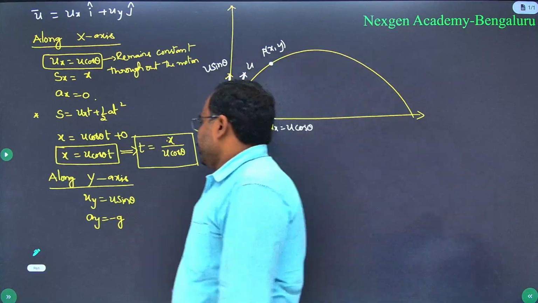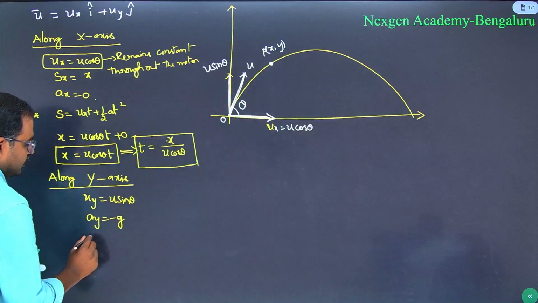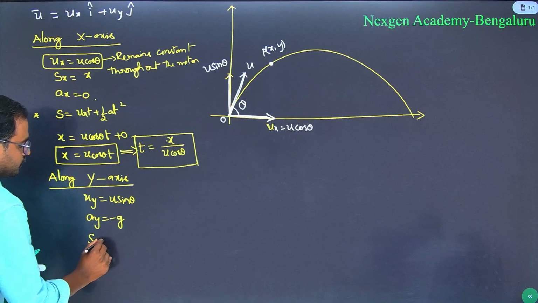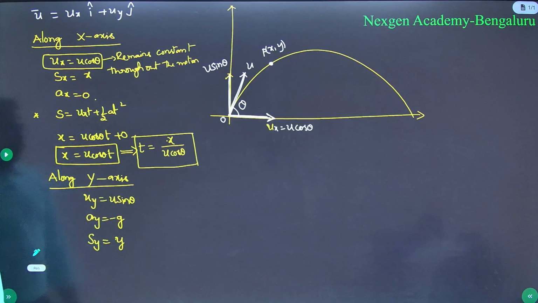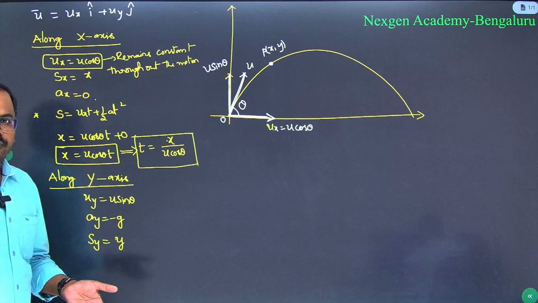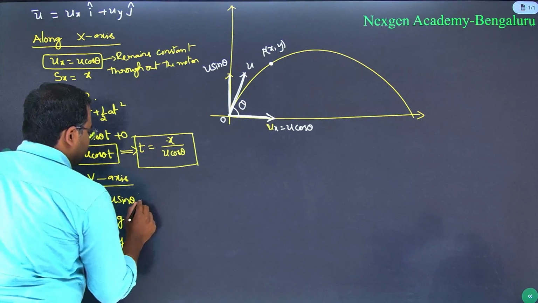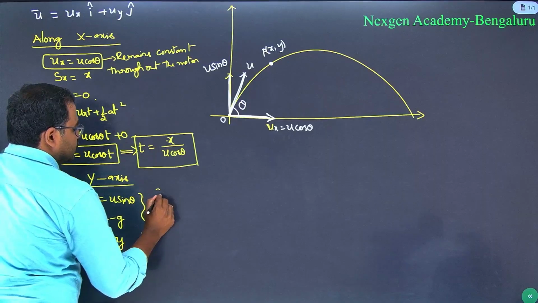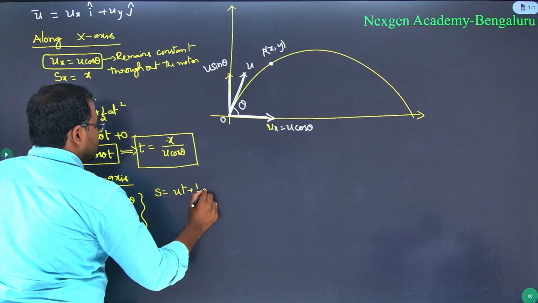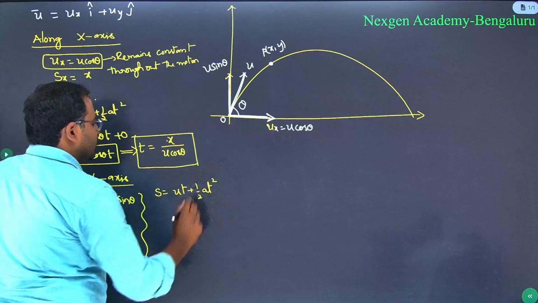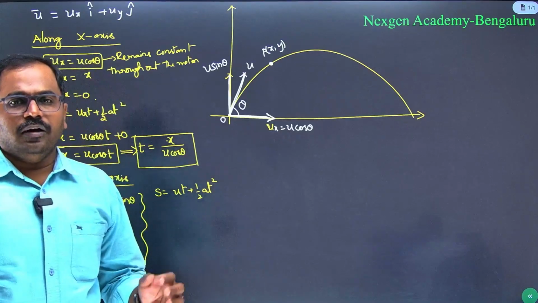Okay, right. Next, in this case, the vertical displacement in a given interval of time is equal to y. Now, how do we relate all these quantities? We have a relation that s is equal to ut plus half at square. Displacement of a body in a given interval of time is given by s is equal to ut plus half at square.